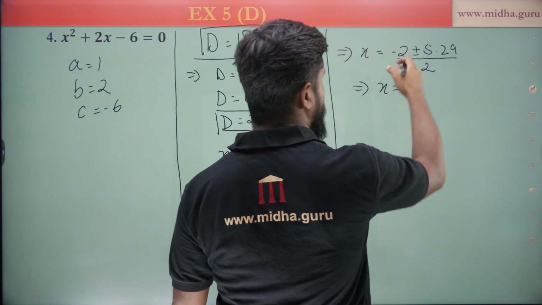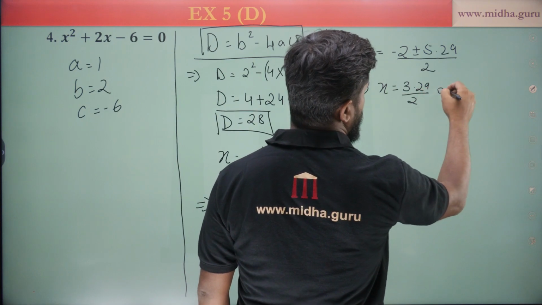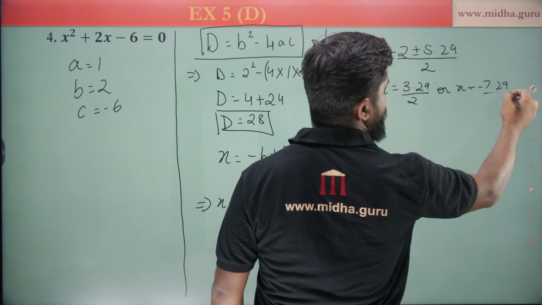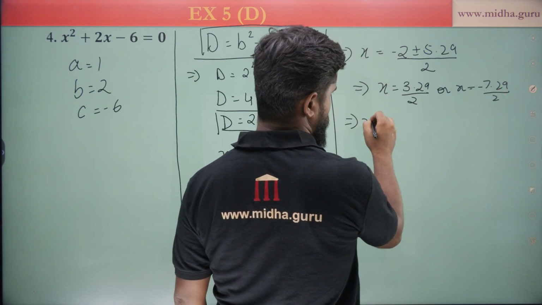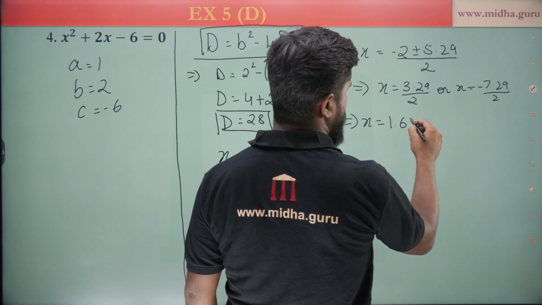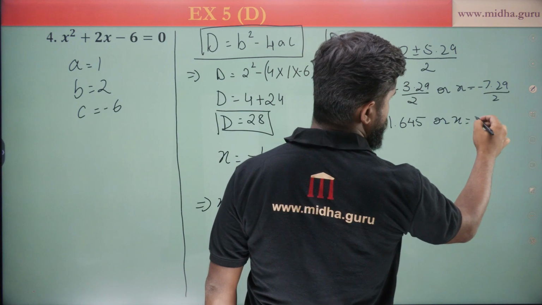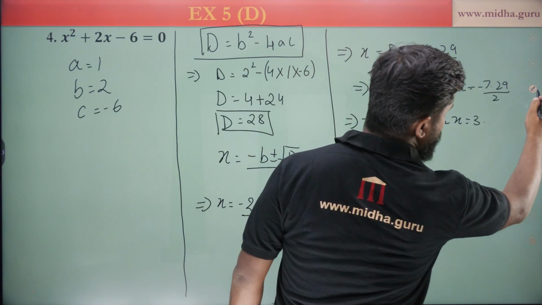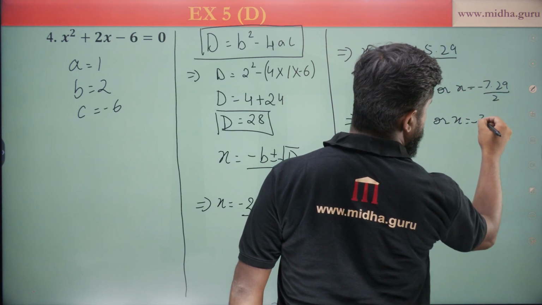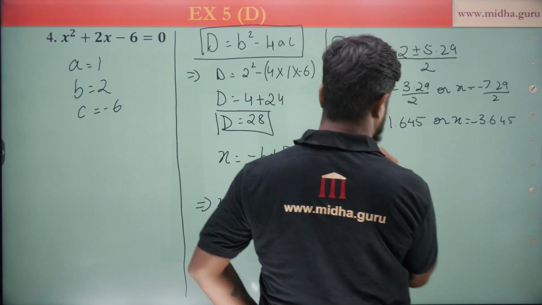So x will either equal to minus 2 plus 5.29, which will be equal to 3.29 divided by 2, or x will be equal to minus 2 minus 5.29, which will be minus 7.29 divided by 2. So x will be equal to 1.645, or x will be equal to minus 3.645.